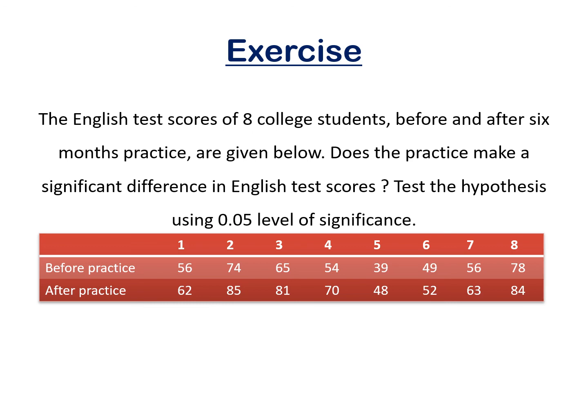The main important thing is to try by yourself to identify whether it is a one tail or two tail test. This is very important for your concept to be clear. Do it out. If you face any difficulty, you can ask me in the comment section.